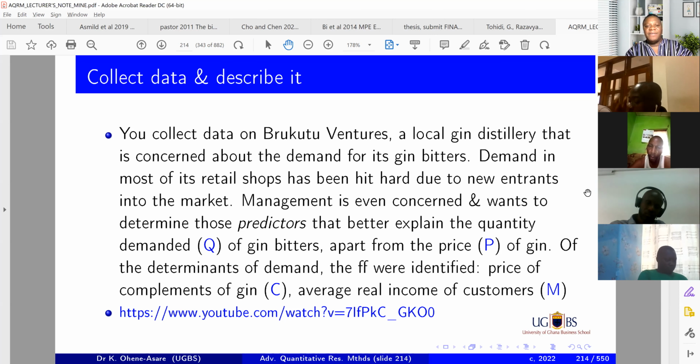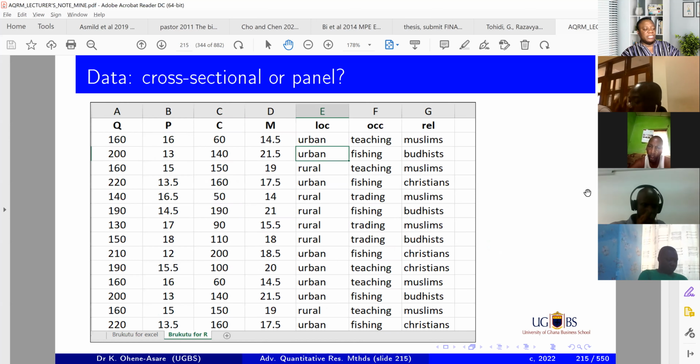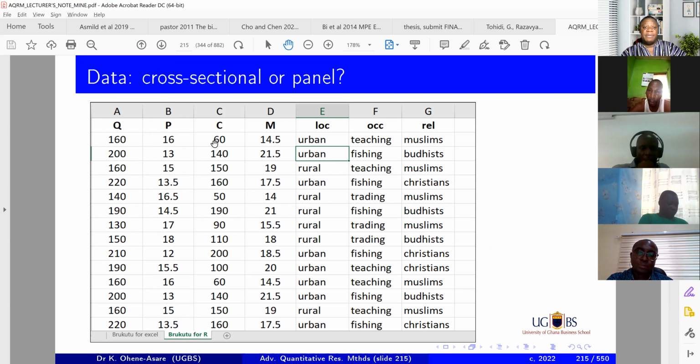In other words, the average income also affects the quantity demanded. So this is the data set. The first column is the quantity demanded of gym bitters. The second is the price of gym bitters. Then you have the complement price and the income of the people in that shopping area.